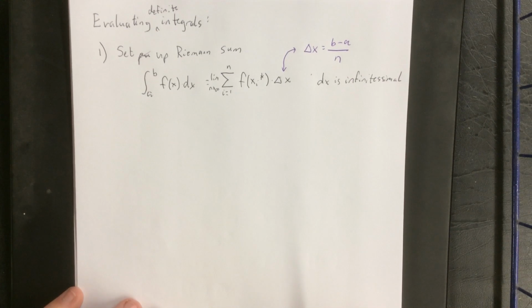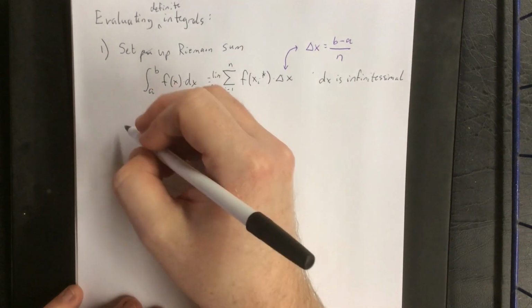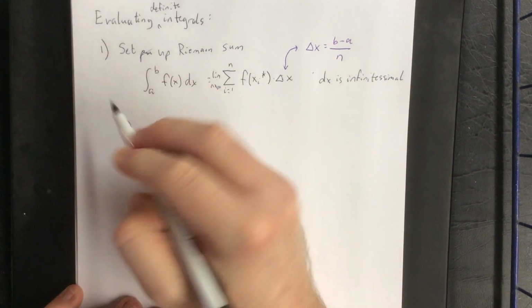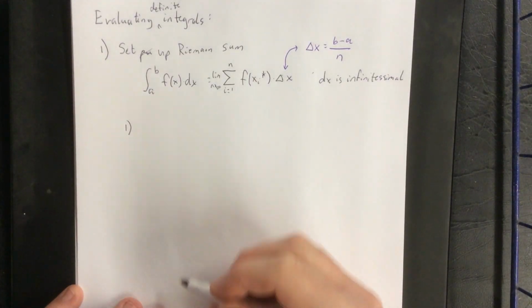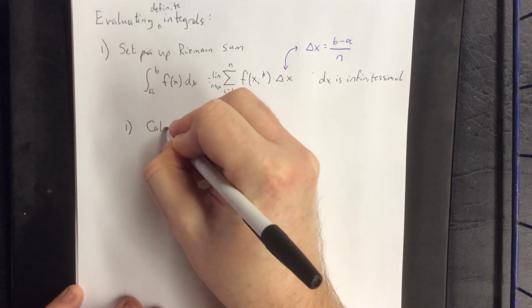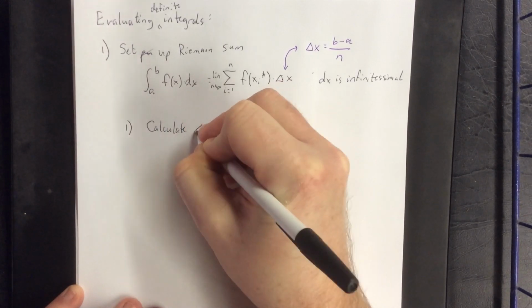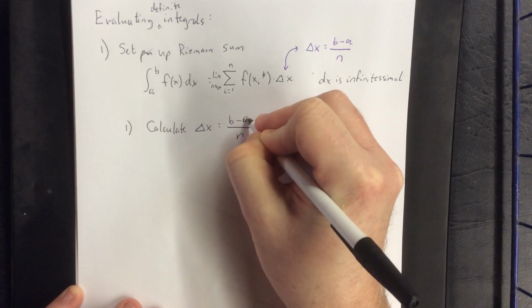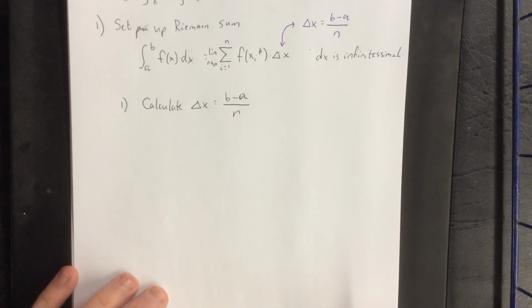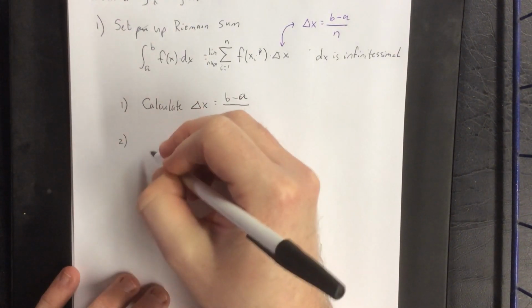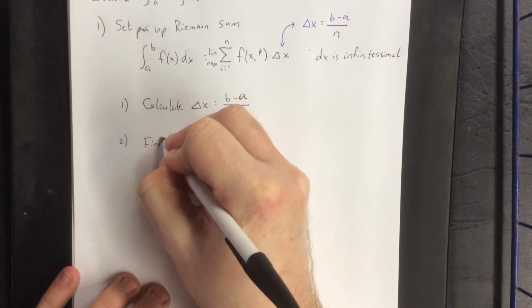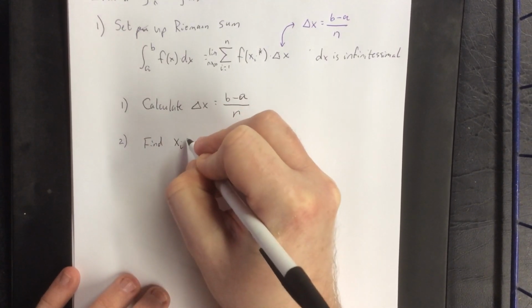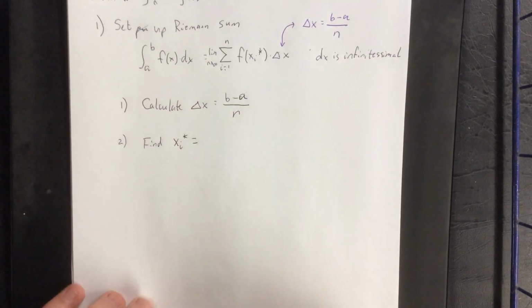Setting up a Riemann sum is going to be a six-step process. First, calculate delta x. Thankfully, we have a formula for that, and that is b minus a all over n. Then we're going to find x sub i. Technically, you are allowed to use any point within these intervals.